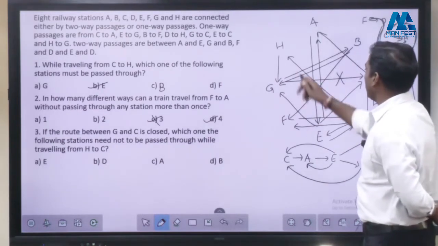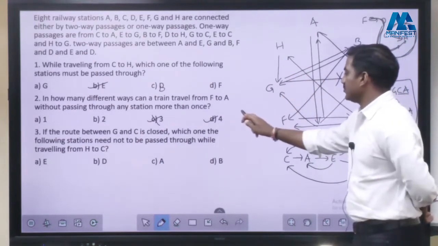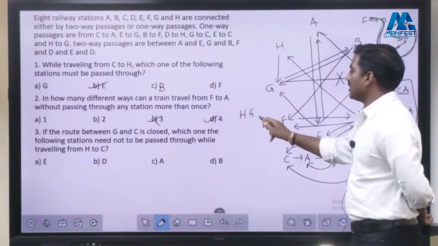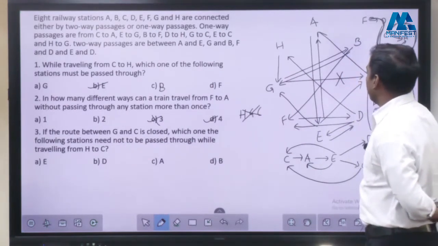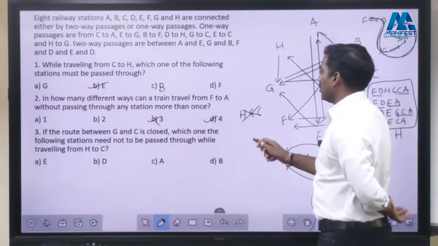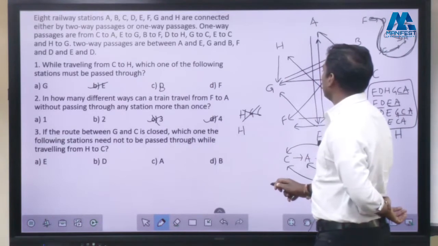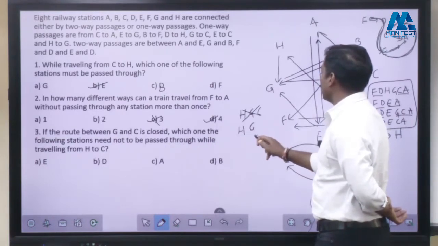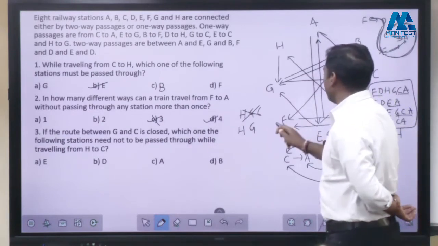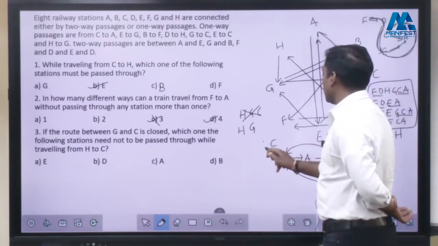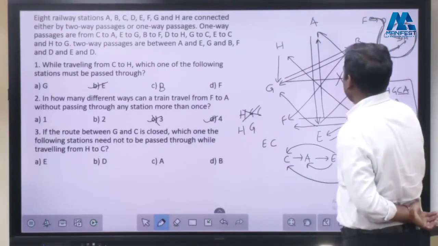We are traveling from H to C. One chance was there, HGC, but this route is gone now. Then H outlet is where? Only to G. But for C, from where is the input coming? E. Any other way? No. GC is cut now.